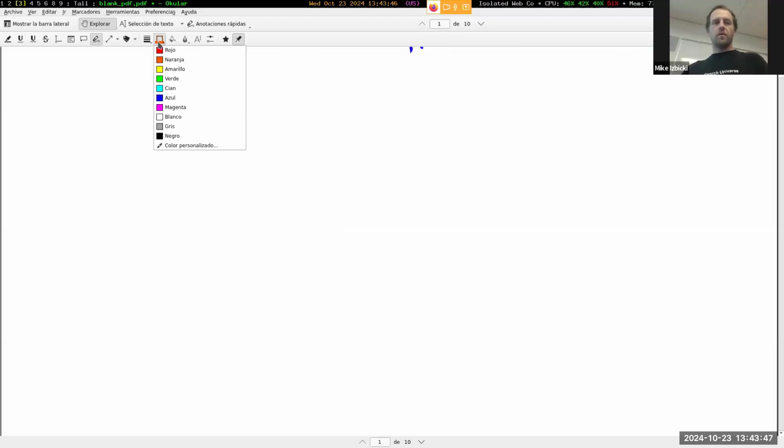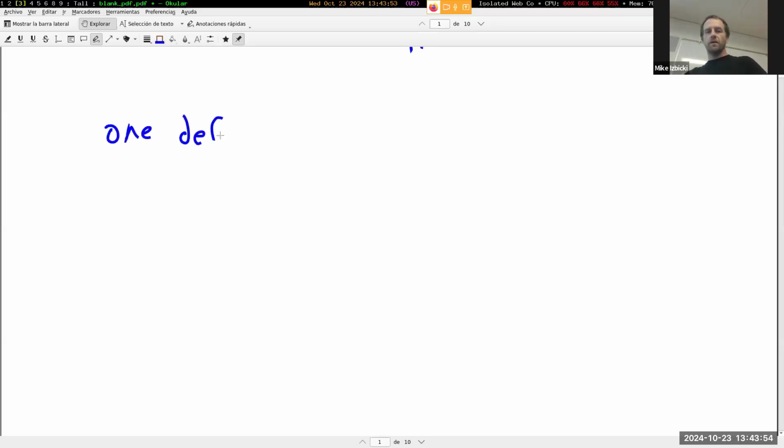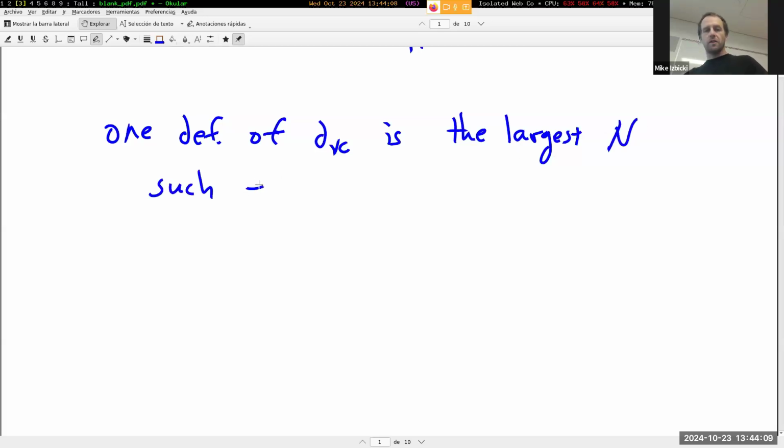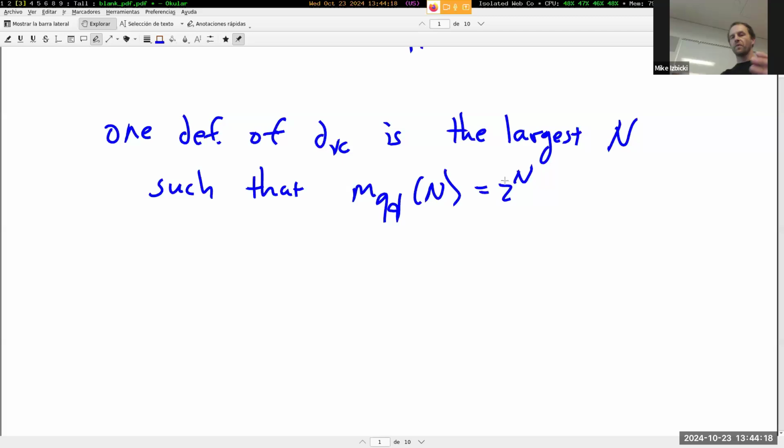So there are many equivalent definitions of the VC dimension. One definition of the VC dimension is the largest n such that the growth function m sub h of n equals 2 to the n, this exponential value right here.